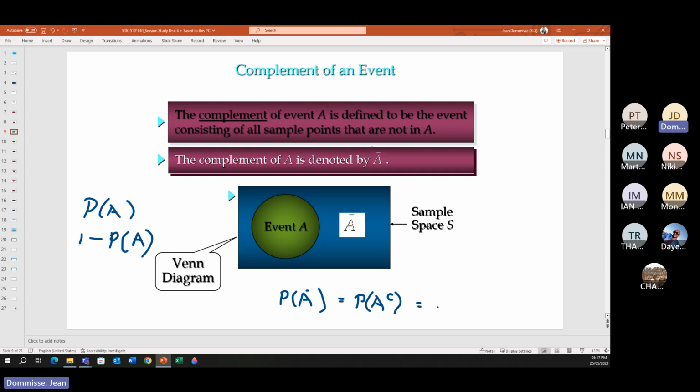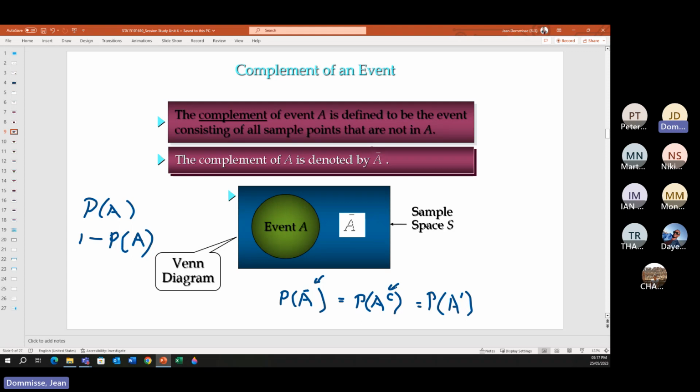And sometimes they write it with an apostrophe or whatever, that small sign. So again, different books write it differently. In your study guide, I think they like this one, but sometimes they use the complement as well.